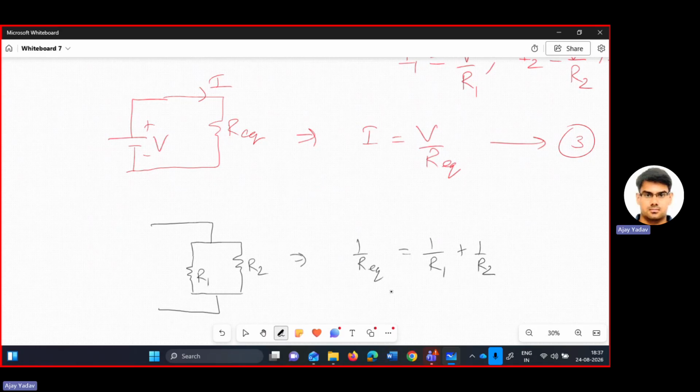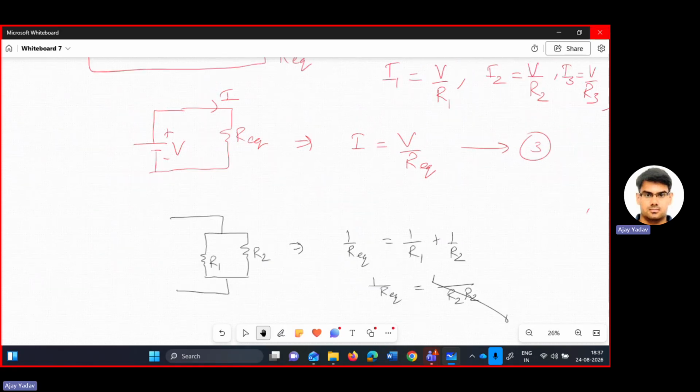So 1 by R equivalent will be, you take the LCM, that is R1 into R2 or R2 into R1. So this will be R2 plus R1 over R2 into R1.